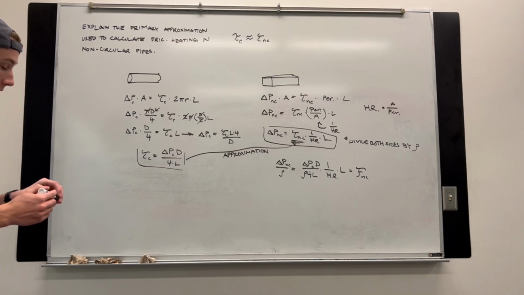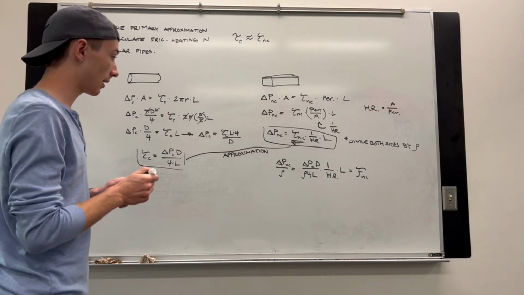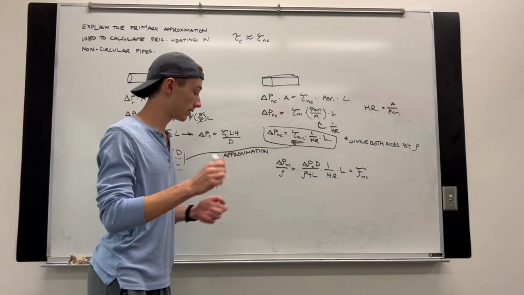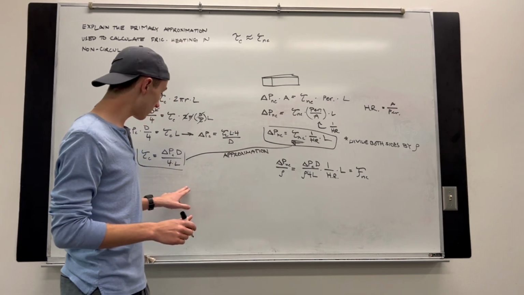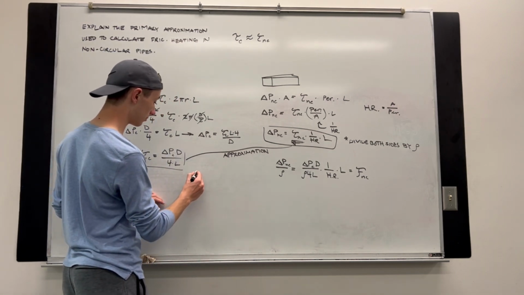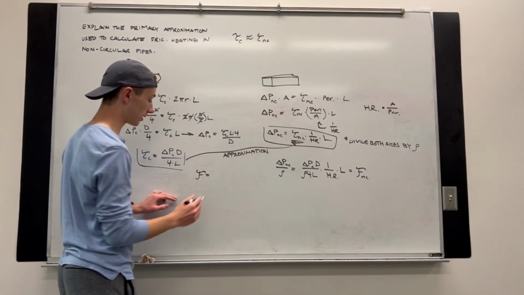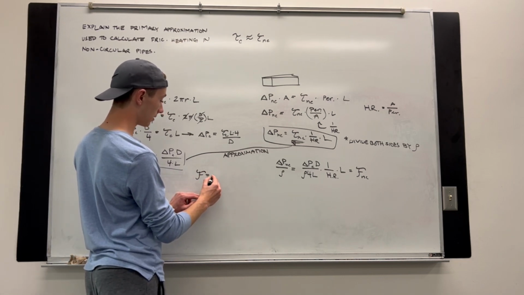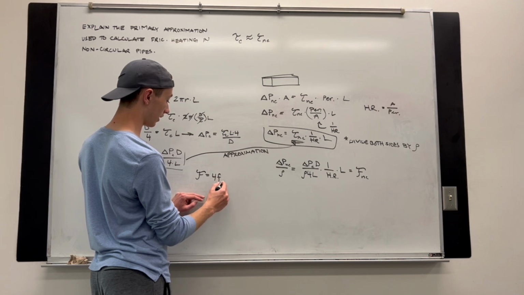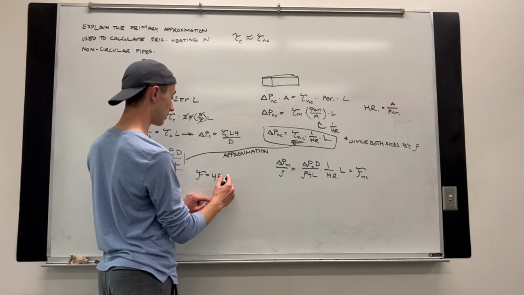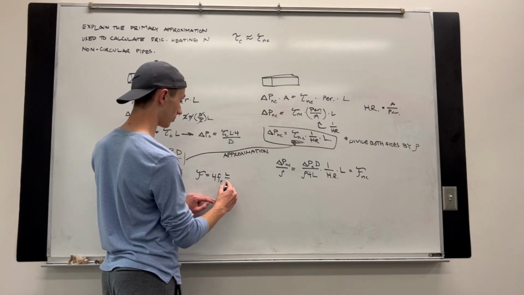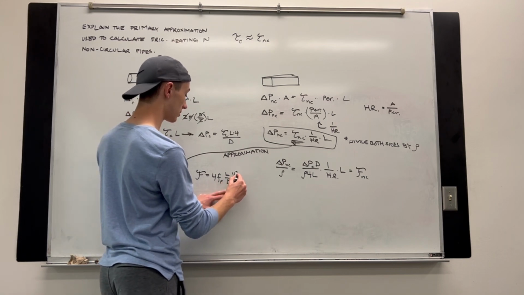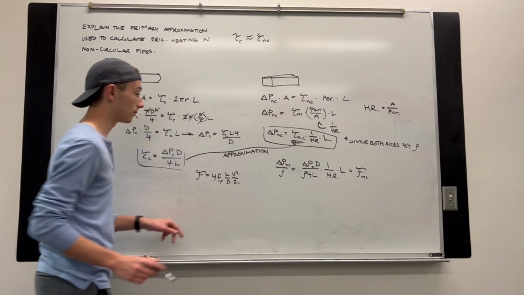Okay, recall that the frictional heating for our pipe, we did this in a previous video, is equal to 4 times the fanning friction factor times L over D times V squared over 2.